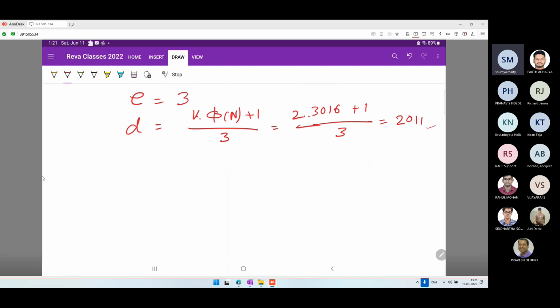Now let us quickly run this with a message. Say the message is 89. Now the ciphertext will be the encryption function, encryption of M with E, which is simple: M power E mod n.